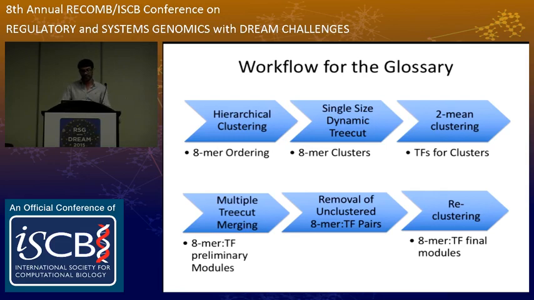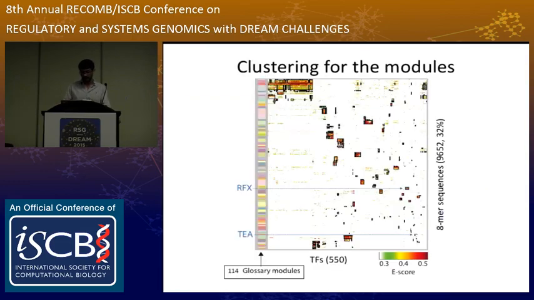Then, by removing the unclustered 8-mer transcription factor pairs, we reclustered the dataset, and we arrived at the end of the day at this heat map with 114 glossary modules, which are the islands within the boxes, and every box you see captures a tight specificity region.